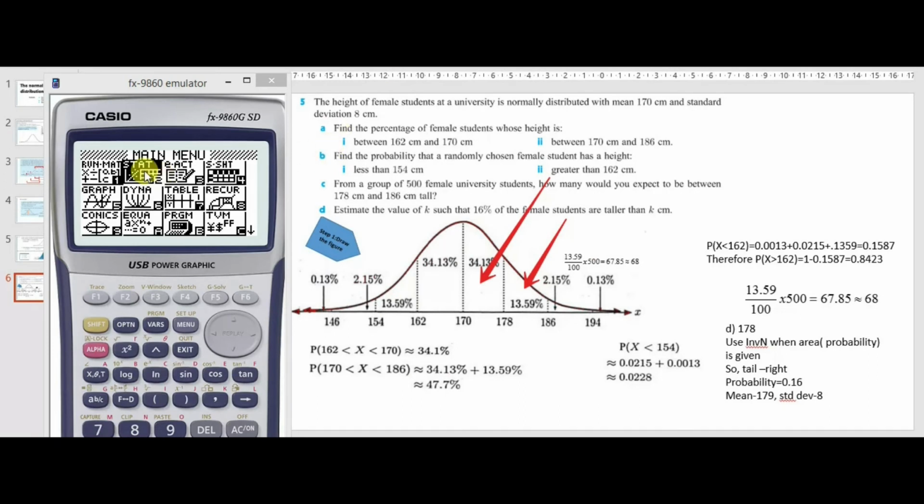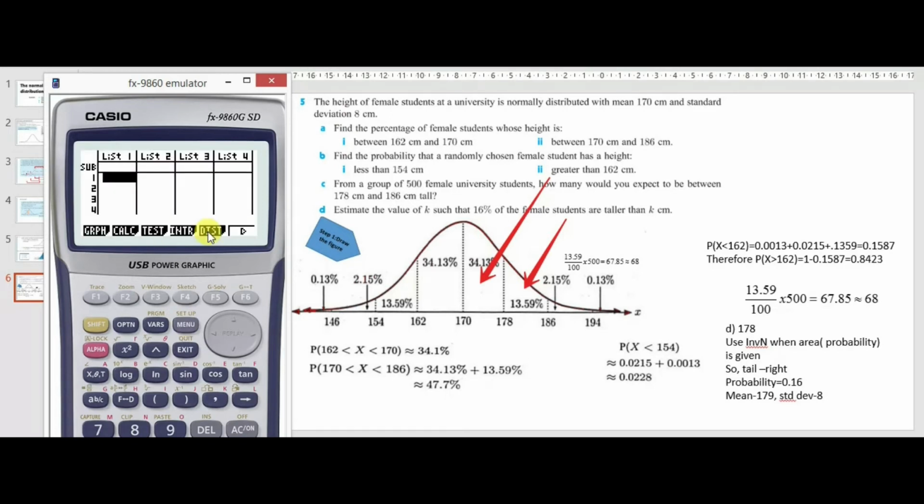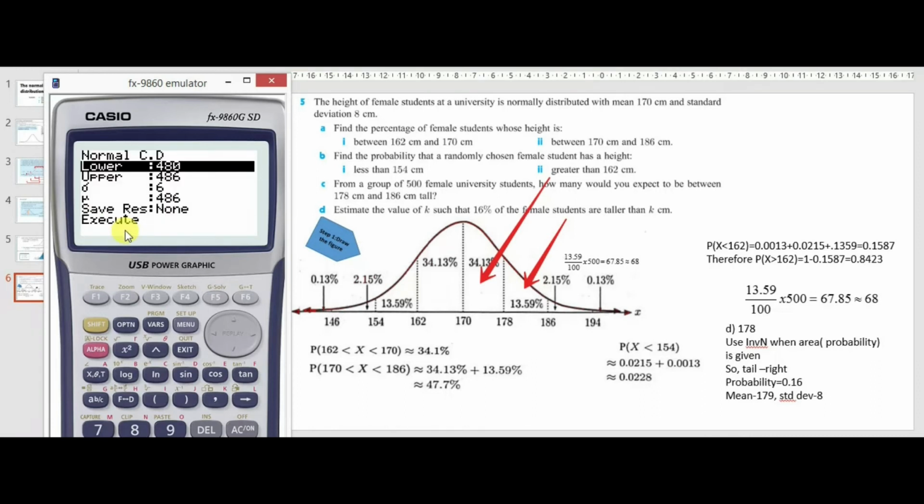You go to menu, go to stats, select distribution, normal, and NCD. So in our case, the lower level is 162, the upper level is 170, the standard deviation is 8, and the mean is 170.